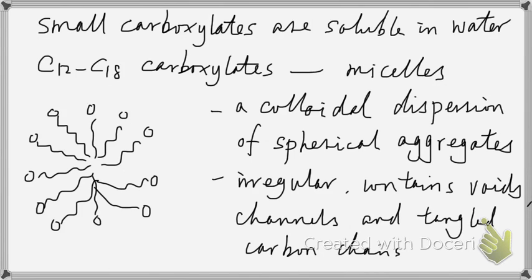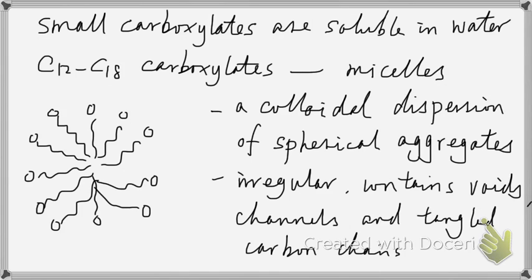And micelles will form spontaneously when carboxylate concentration exceeds a certain minimum value, which is called the critical micelle concentration. Again, the polar carboxylate groups dot the surface of the micelle, bind to water or maybe metal ions, and the nonpolar hydrophobic chains are directed toward the interior of the micelle.